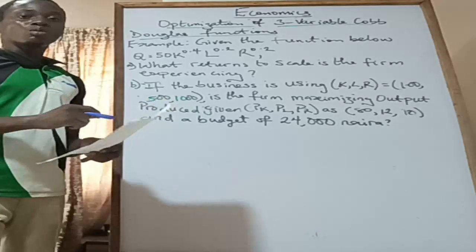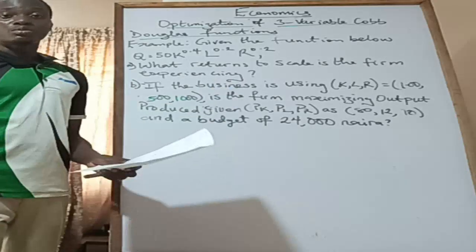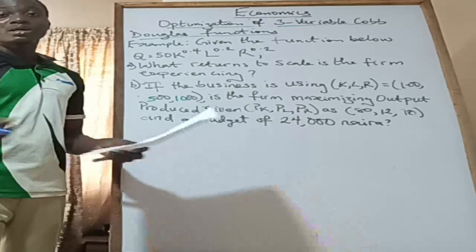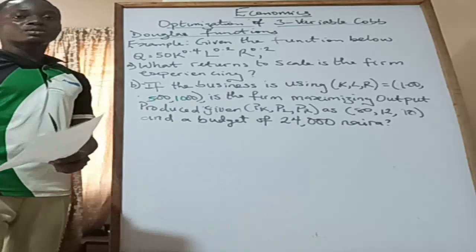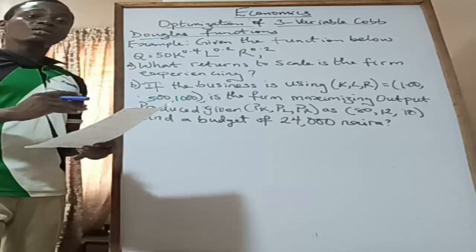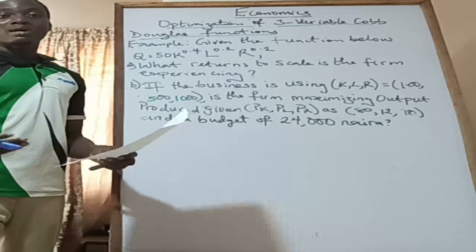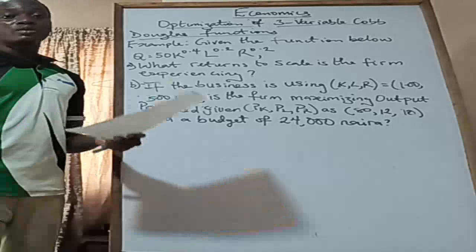In the short run, you have some of your factors of production fixed, so you can't change all of them. In the definition of returns to scale, you're already having a change in all factors of production, so it simply means that your factors of production are variable. And it's only in the long run that you have factors of production being variable.